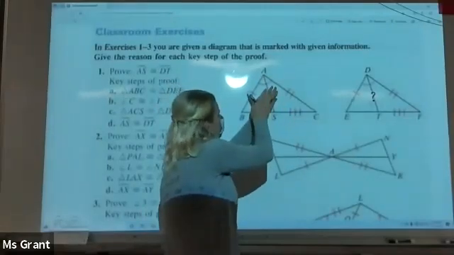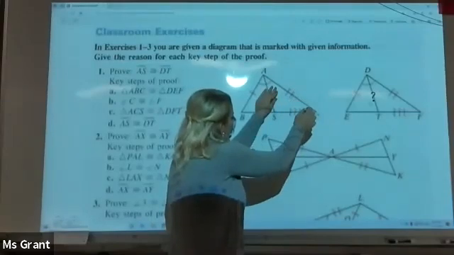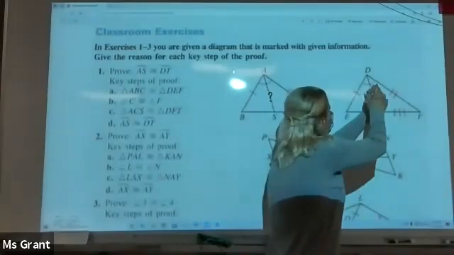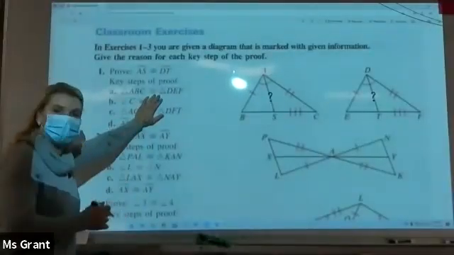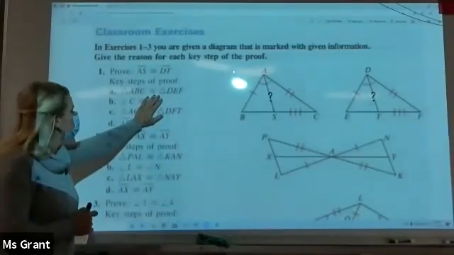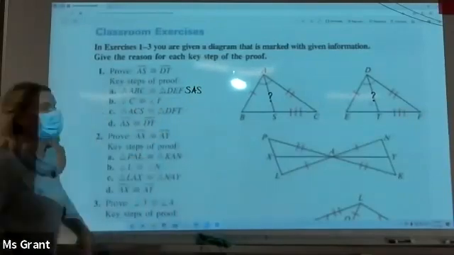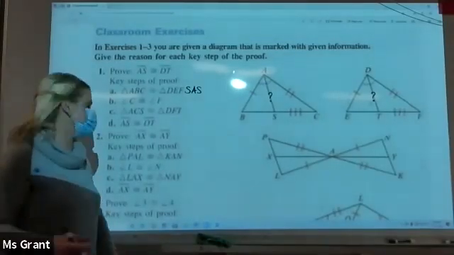I've got a line, an angle, a line. It all obviously matches up on this side. How could I prove that ABC is congruent by looking at my red marks? Side angle side. So you're going to write side angle side next to A, because that's how I know those triangles are congruent. It's already marked up for me, and I just have to say what it is.